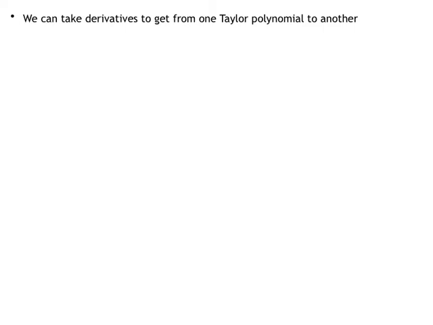Okay, so one of the things that Ben showed you is that we can take derivatives to get from one Taylor polynomial to another, just like we can take a derivative to get from one function to another. So because the derivative of sine is cosine, we can similarly say that the derivative of the series that we're using to approximate sine is going to get us the series to approximate cosine.